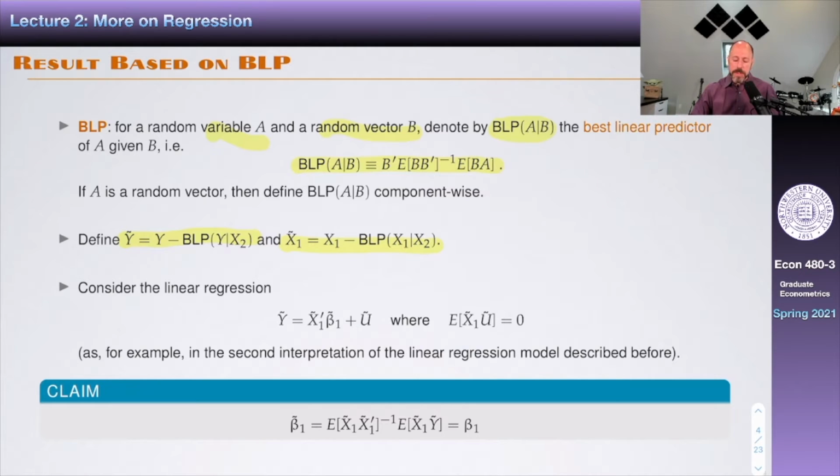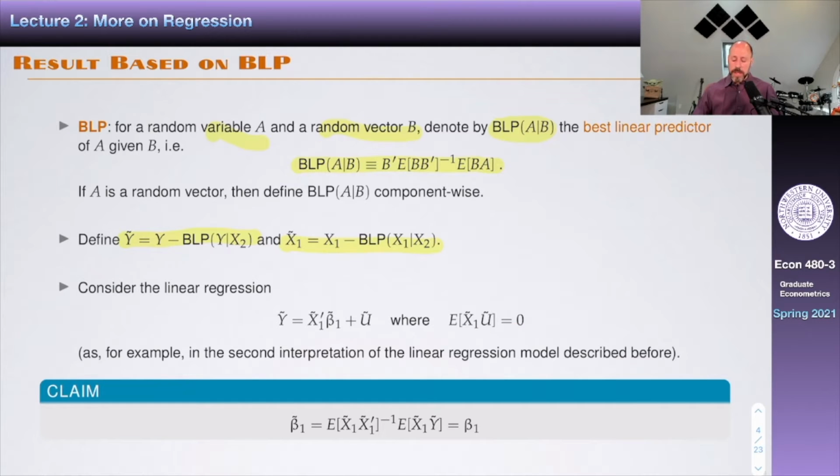These are residuals. You just take x1 minus the projection of x1 onto x2. So this is a residual of our regression in the population level of x1 on x2. And then we're going to look at this regression that I wrote at the bottom, which is y tilde equal to x1 tilde prime beta 1 tilde plus u tilde, where we're going to impose that the expected value of x1 tilde u tilde is 0.